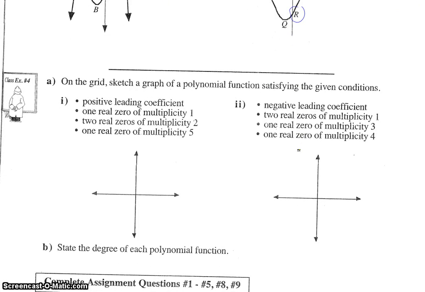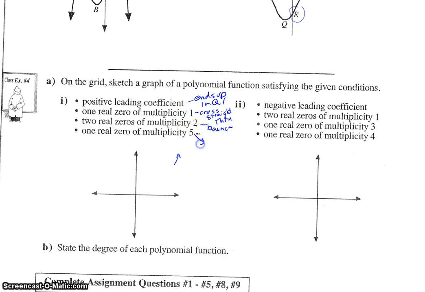Okay, example number 4. On the grid, sketch a graph of the polynomial function satisfying the given conditions. They want a positive lead coefficient. That means it ends up in quadrant 1, so it's going to end up here. So we can draw a little arrow there. One real 0 of multiplicity 1, so we have to cross straight through at 1 x-intercept. 2 real zeros of multiplicity 2, so we have to bounce.